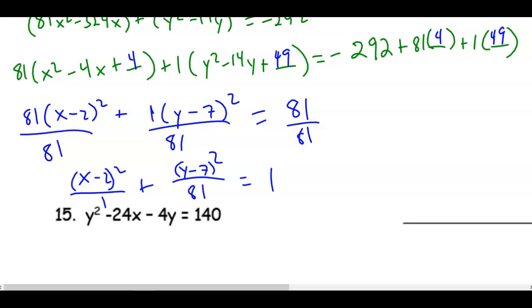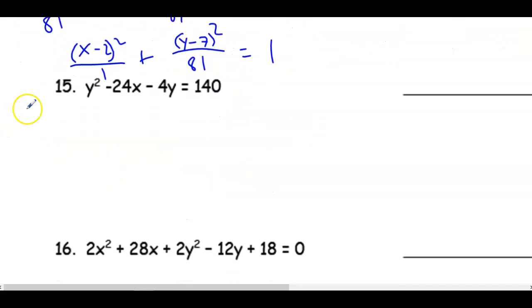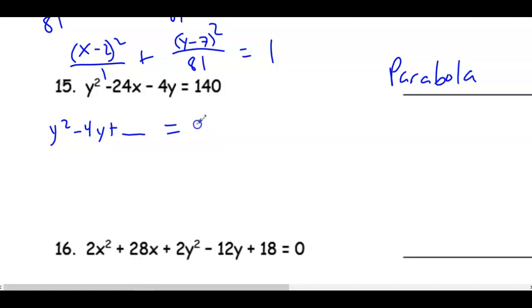Alright, 15. For this one, this is a parabola, and I know that because there's only one square value. So for completing the square on this one, I'm just going to put the y terms together and move everything else to the other side. So 140 minus 24x.